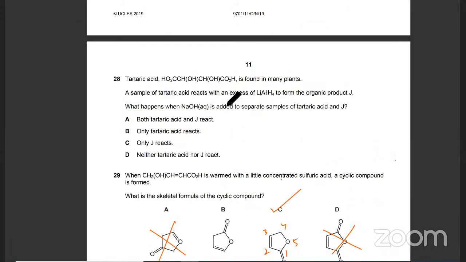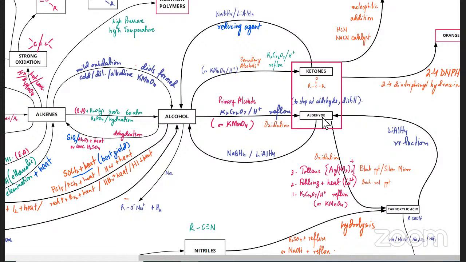Sir, if I wanted to reduce a carboxylic acid to an aldehyde, is that possible or not? So how do I stop it at that point? Should it form an aldehyde or should it form an alcohol? That's your question.